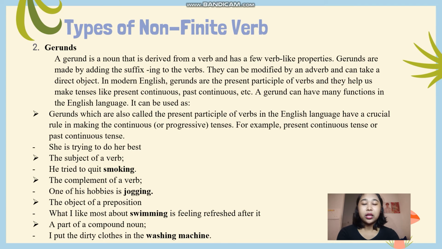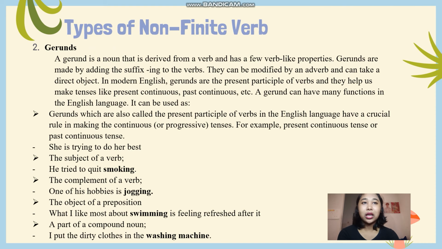It can be modified by an adverb and can take a direct object. In modern English, gerunds are the present participles of verbs and they help us make tenses like present continuous, past continuous, or others.